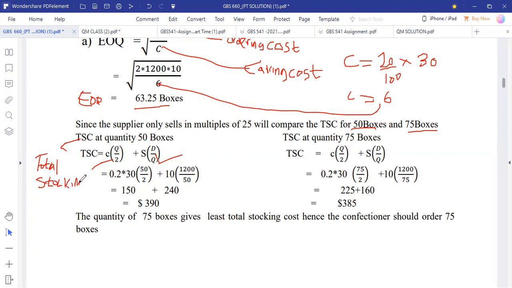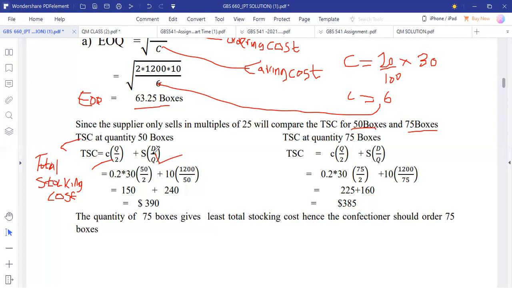All right, so we can substitute in the formula and get what we are supposed to get. So our Q is 50 divided by 2. This is annual carrying cost and this is annual ordering cost. So we can substitute and get the values.